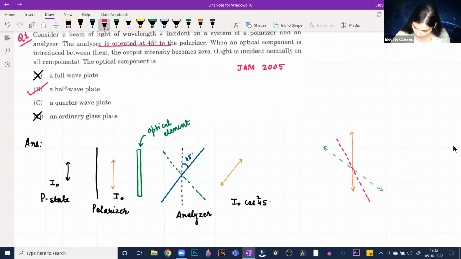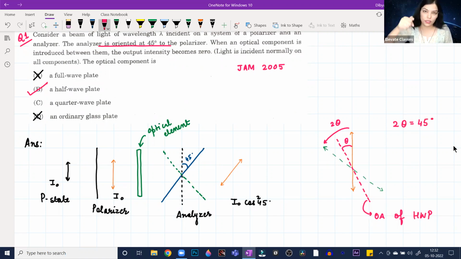Because a half wave plate rotates by twice the angle, if this is theta, the plane is rotated by 2 theta. So this is the optic axis of my half wave plate. I need 2 theta to be equal to 45 degrees because I want to rotate the plane by 45 degrees. Are you understanding? So then theta should be 22.5 degrees.